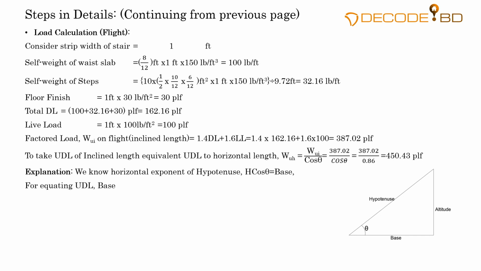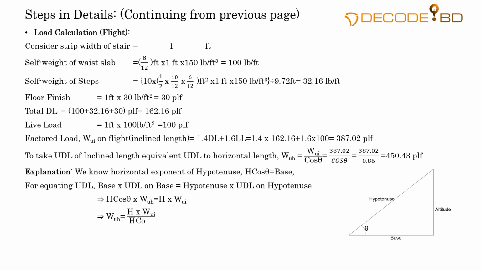Now for equating UDL: base into UDL on base equal to hypotenuse into UDL on hypotenuse. So here base equal to A cos theta, so we are putting that value, A cos theta into Wus, plus hypotenuse A into Wui. So now Wus is coming A into Wui divided by A cos theta.